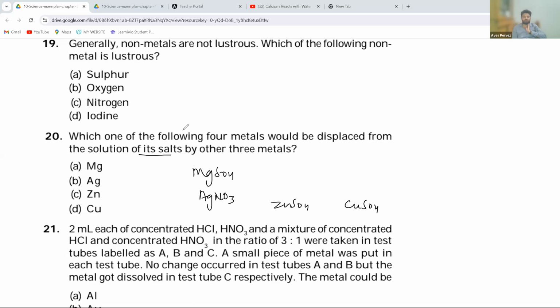Which one of the four metals would be displaced from its salt by the other three metals? Which salt can be easily displaced? That is silver nitrate. Silver nitrate salt will be displaced by copper, by zinc, and by magnesium, because silver is the least reactive metal. Okay, so note it down fast.